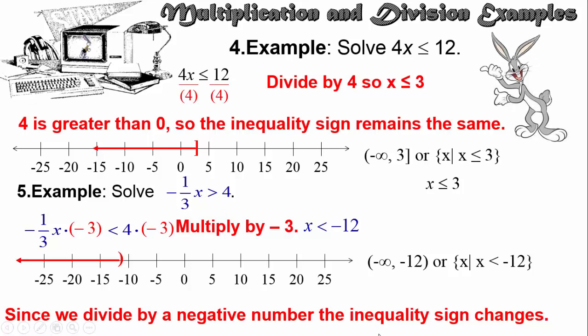In set builder notation, we write curly bracket x, where x is less than negative 12, close the curly brackets. Remember, since we divided by a negative number, the inequality sign changes. That means that we started out with the inequality sign this way, but because we divided by a negative number, it then turns this way.